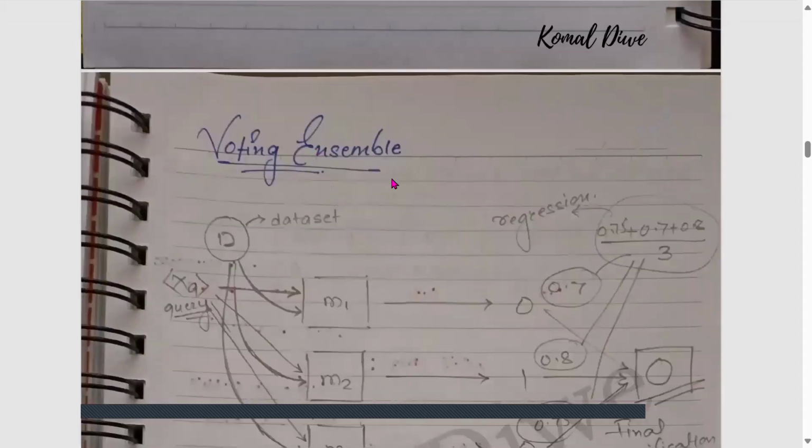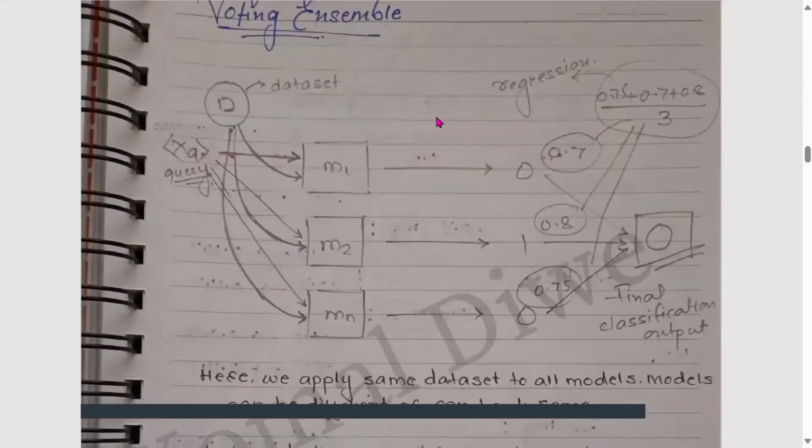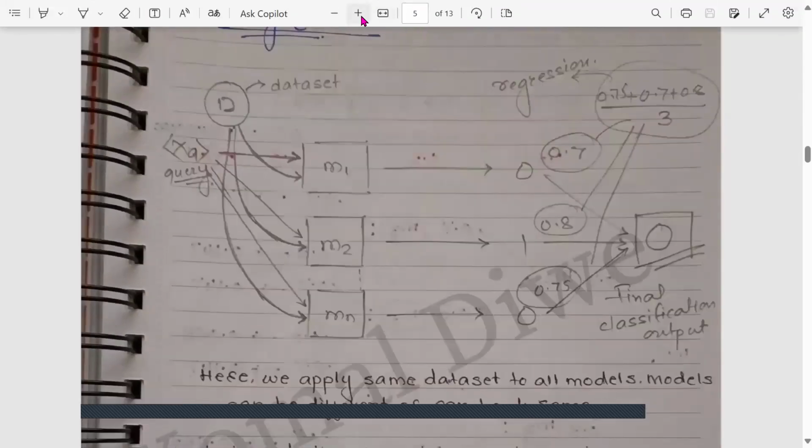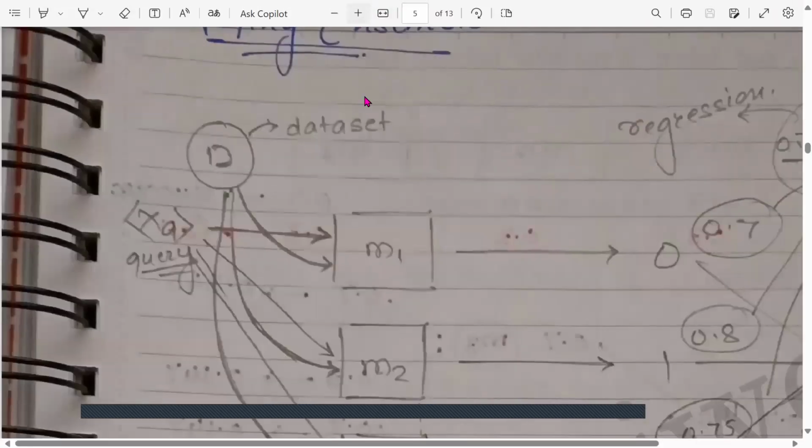Voting ensemble. This is the first type of ensemble technique, voting. Now, this diagram is there, let me zoom in so it will be visible to you. This is our data set.